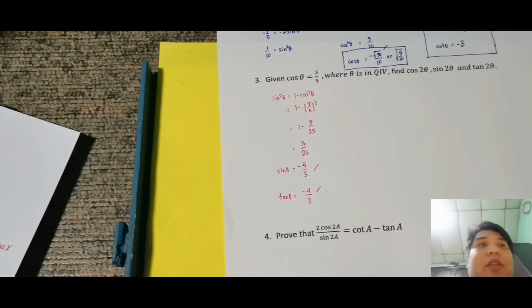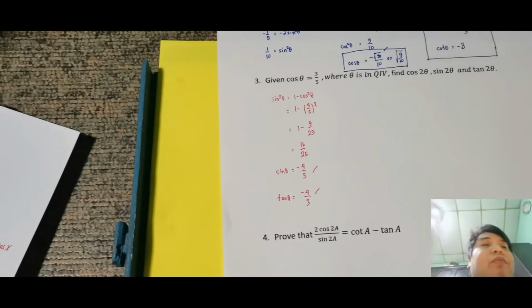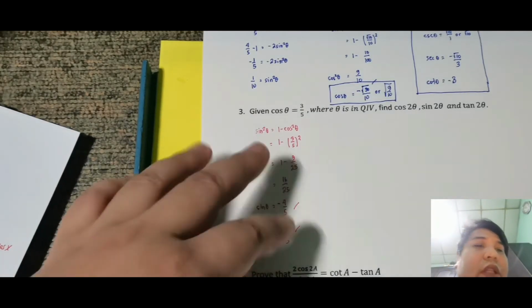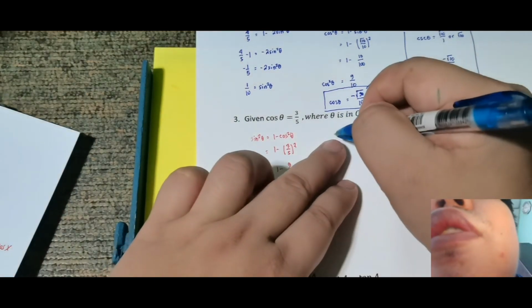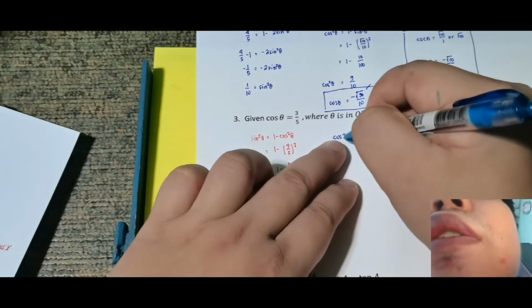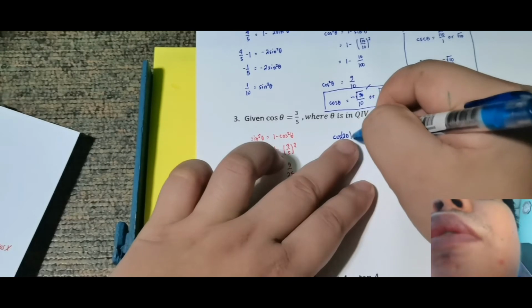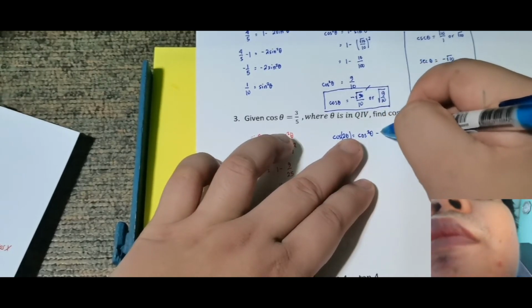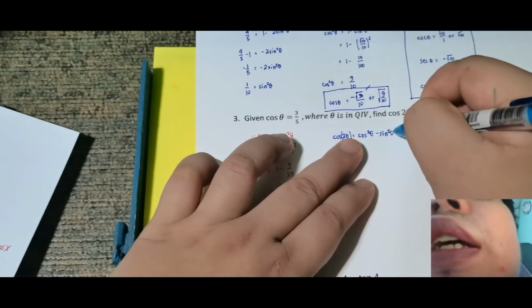Okay, so next is we need to find the value of cosine 2 theta, sine 2 theta, and tangent 2 theta. So unahin ko na si cosine 2 theta. Si cosine 2 theta ay equivalent kay cosine squared theta minus sine squared theta.